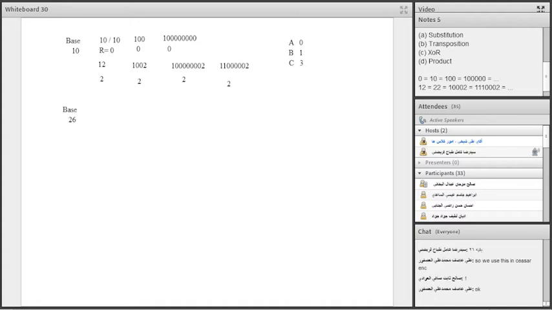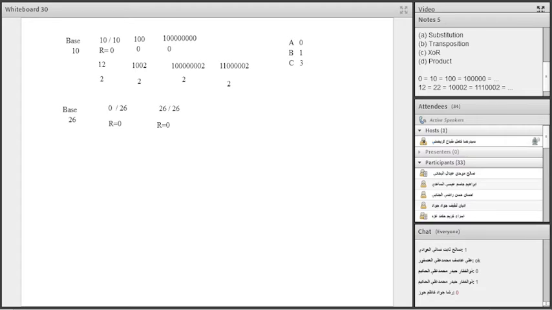So in base 26 we can use 0 divided by 26, so the remainder is 0. If we have 26 divided by 26, the remainder is again 0. And when you have 52, if I'm not mistaken, divided by 26, again the remainder is 0.